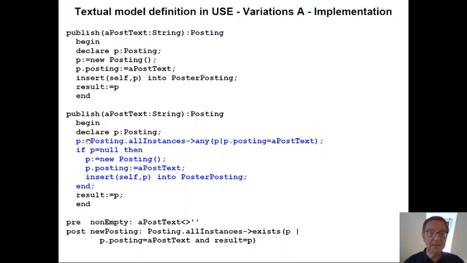If the posting is already present, then this p here will not be equal to null, and we will directly jump to the end of the operation and return this found posting object. If this search was not successful, then this p is initialized with a null value.